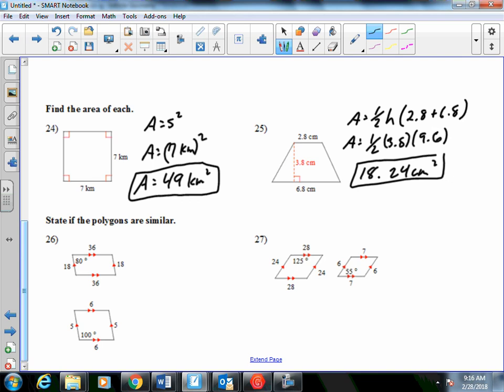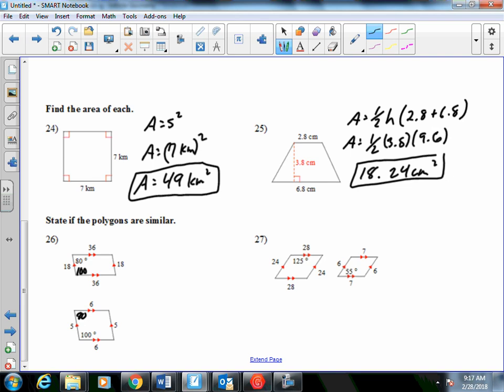So when we look at 26, we've got 80 degrees up here, and since these two have to be supplementary, they have to add up to 180. So if this top angle is 80 degrees, then the one below it has to be 100, which on the bottom one, the bottom angle is marked at 100, so the top one would have to be 80, so the angles are matching up there. So that works. And then we have to check the proportionality of the sides.